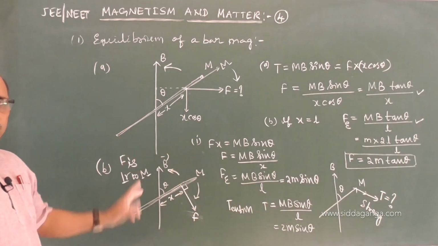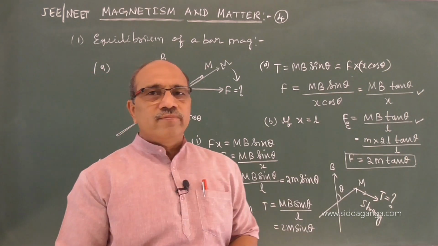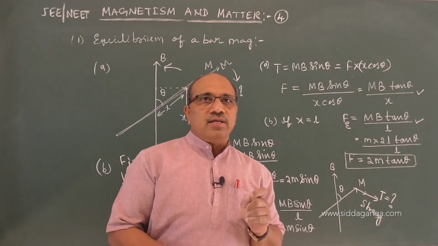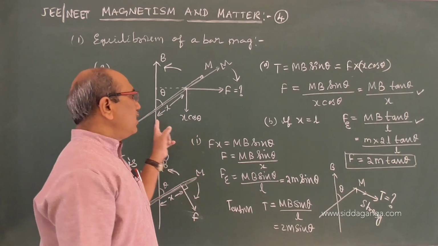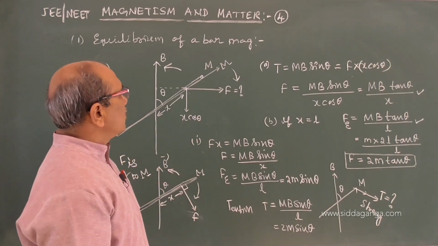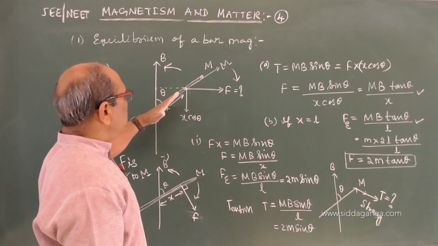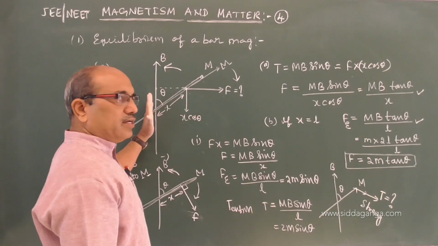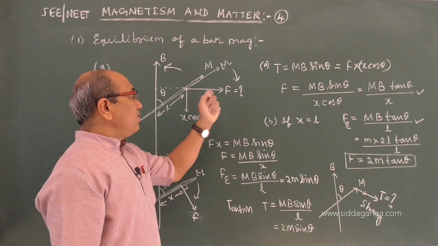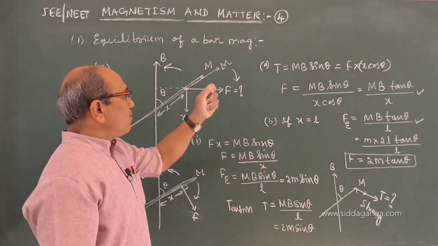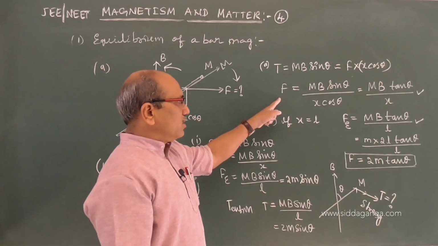I expressed two cases. Under the application of two magnetic fields, the dipole may remain in equilibrium at some condition. And another we have discussed: under the action of a force, the bar magnet already in one magnetic field is in equilibrium. When pulled away, it can remain in equilibrium, and the applied force to keep it at a certain angle theta is given by this equation.